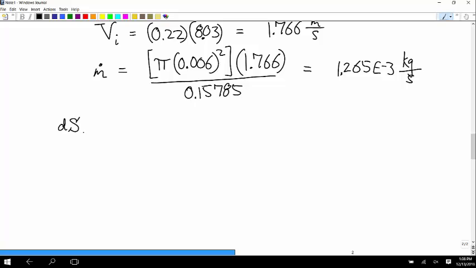So the dS/dt is equal to Q over T plus m dot i times s i minus, these are the same, plus sigma dot.